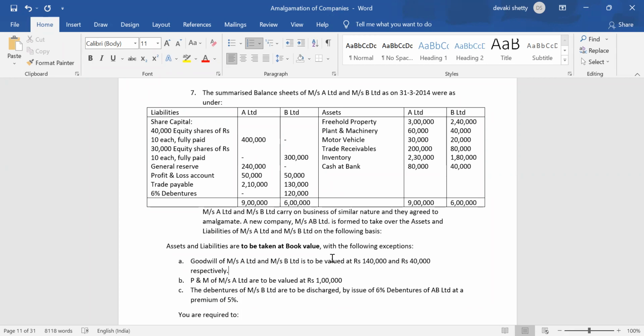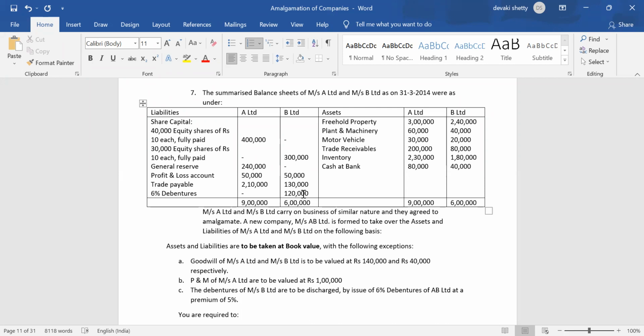Debentures of B Limited are to be discharged by issue of 6% debentures of AB Limited at a premium of 5%. So debentures are there only in B Limited, and it is discharged by issue of 6% debentures.